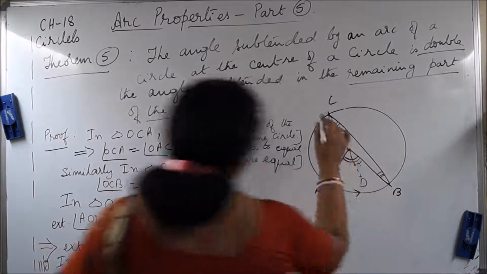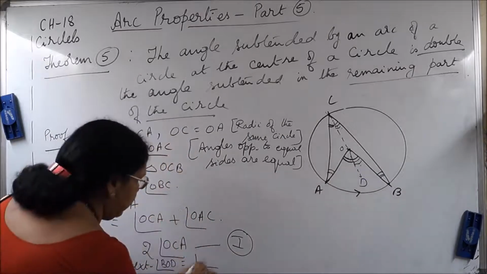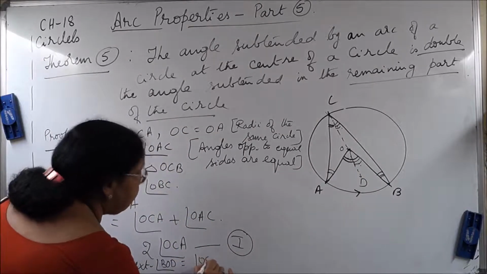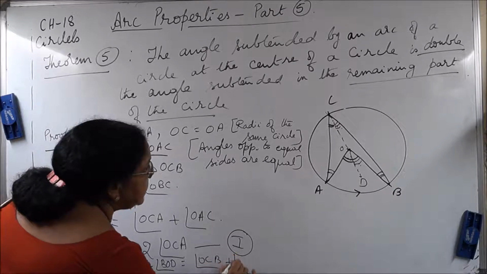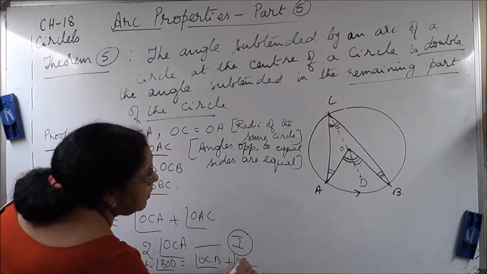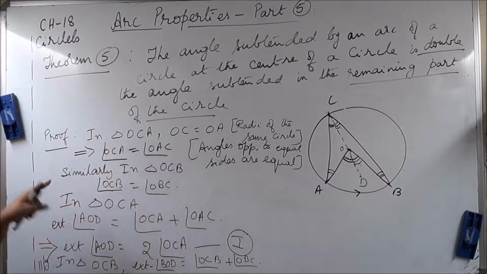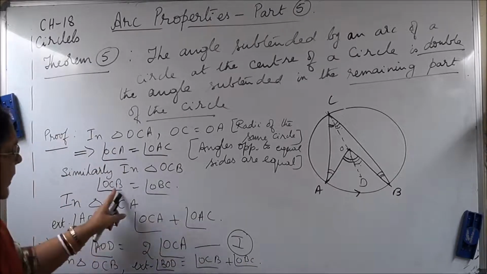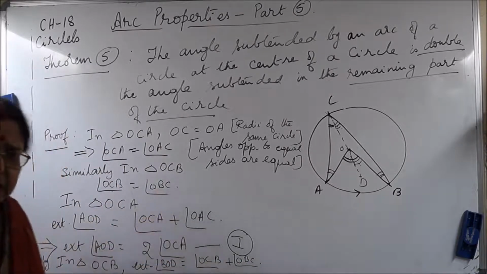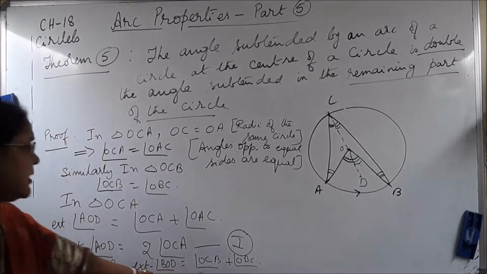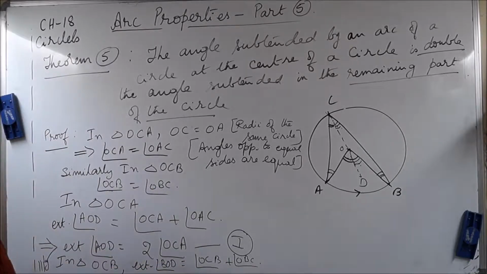What are they? Angle OCB plus angle OBC. But here again we have proved angle OCB is equal to angle OBC. So this is again equal to twice angle OCB.